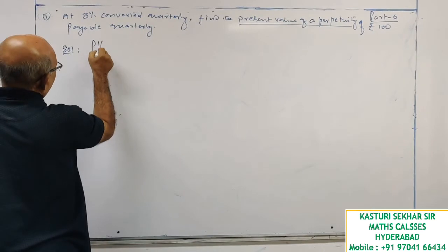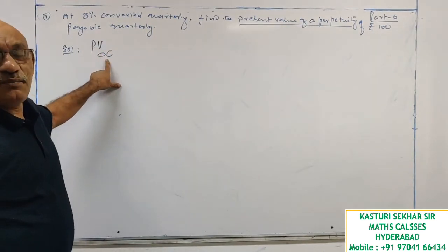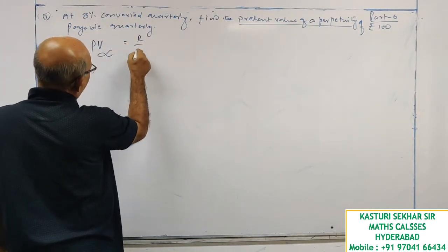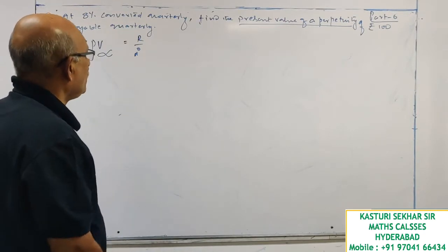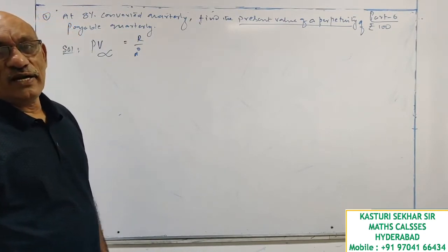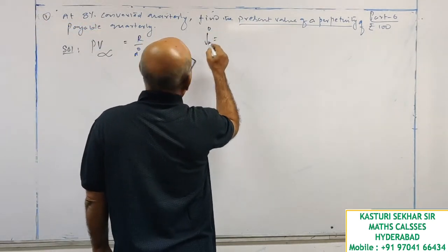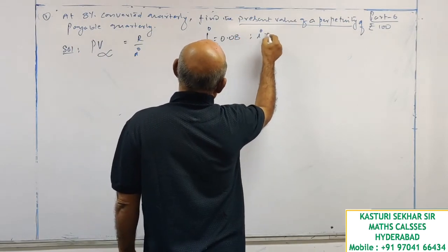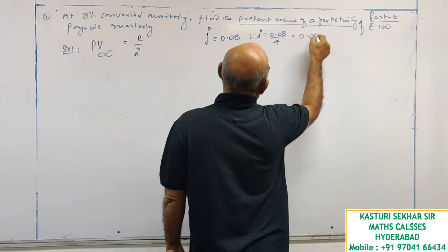So what is the formula? Present value of perpetuity, PV suffix infinity, because payments are going on forever, is equal to R by I. R is equal to the size of the payment, I is equal to the actual rate of interest which we are using for calculations. Nominal rate of interest is equal to 8%. I is equal to 0.08 divided by 4, which is 0.02.